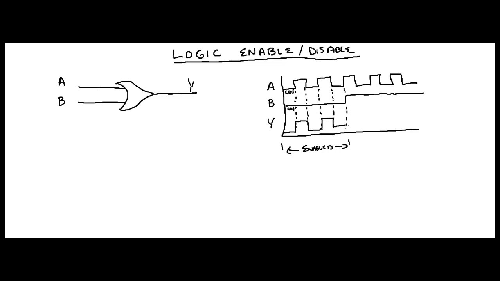When B goes high, the output is going to be a 1 always, right? Because remember, with an OR gate, it's A or B. But in this area, this is disabled. Got it? This is disabled here, and this is enabled.